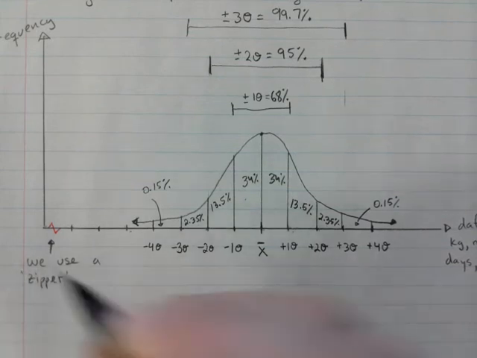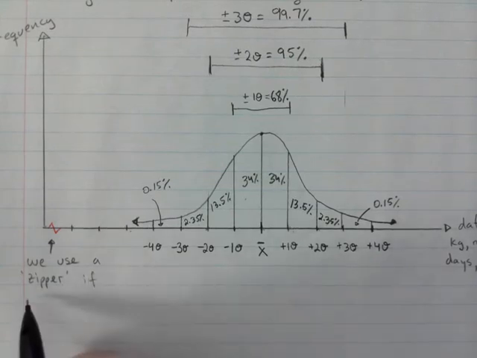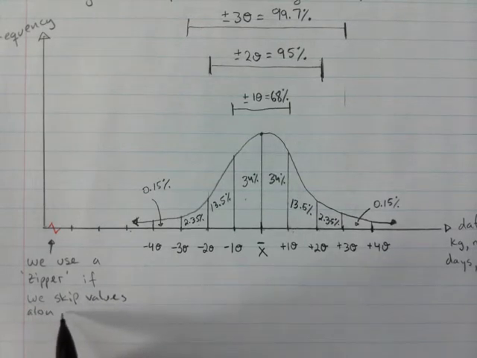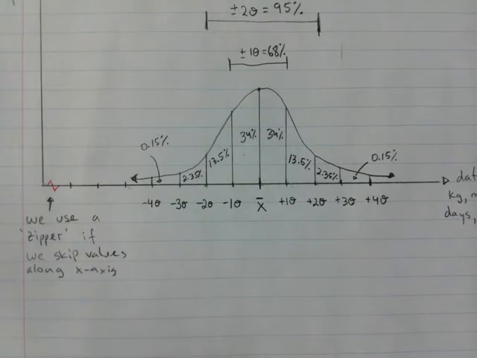That's just my term. If we skip values along the x-axis, so I want you to use a zipper. That way you don't have to start from 0, 100, 200, all the way to 1,000. You can just go from 0 straight to 10,000 if you want to. You're skipping some values there.